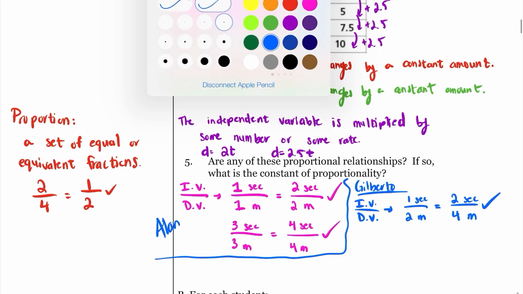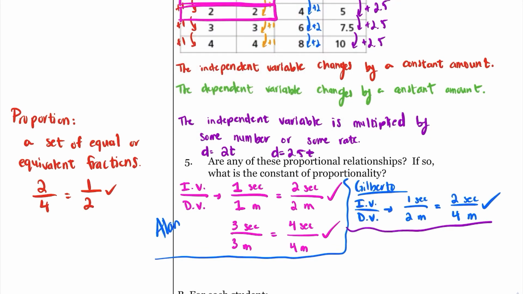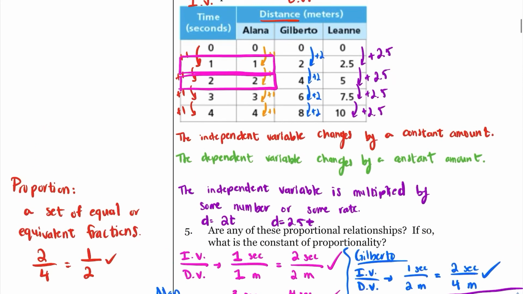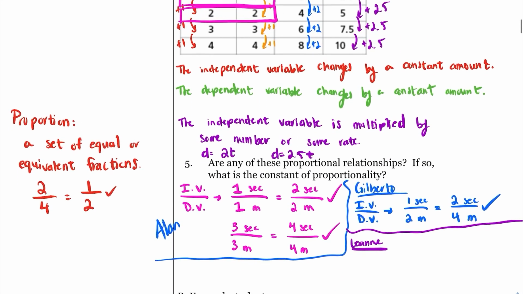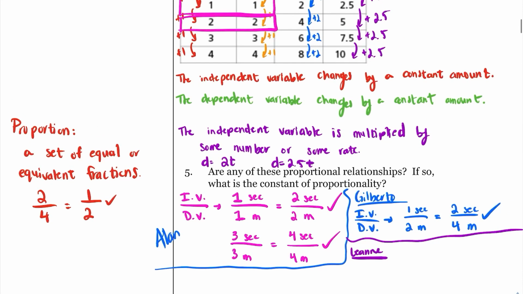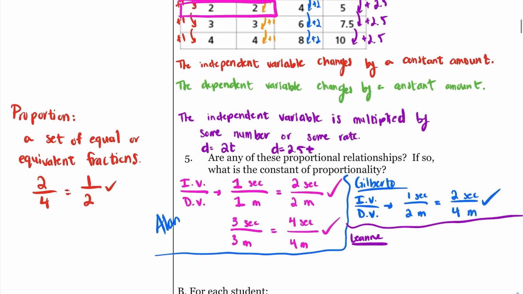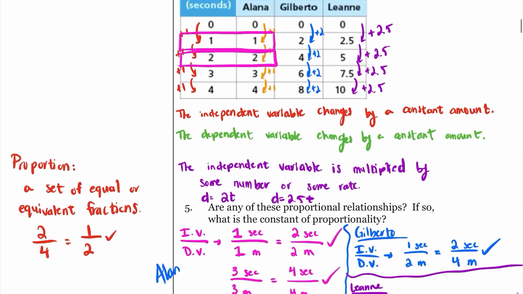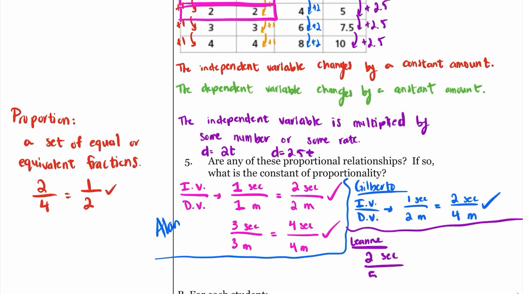And let's just double check Leanne's for good measure here. So for Leanne, I'm going to compare the whole numbers when I write the ratios. So again, I'm doing independent variable over dependent variable. My independent variable is 2 seconds, because my dependent variable is a whole number, and that's going to be 5 meters.